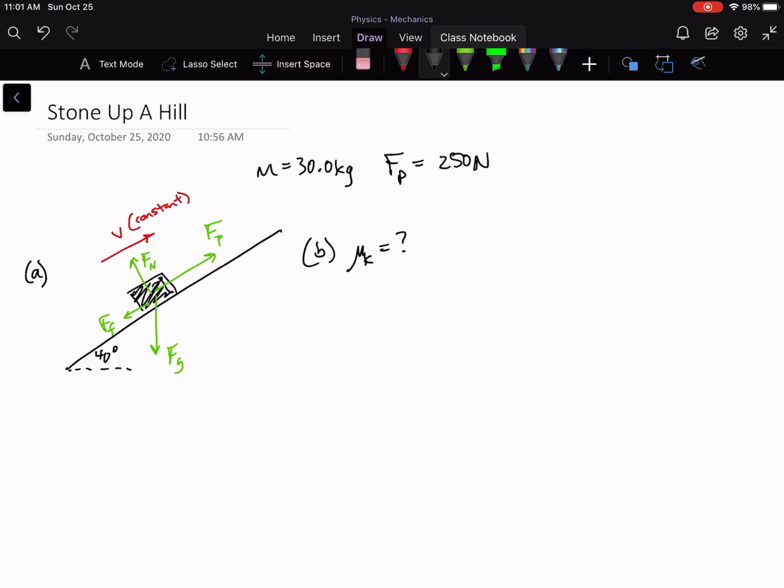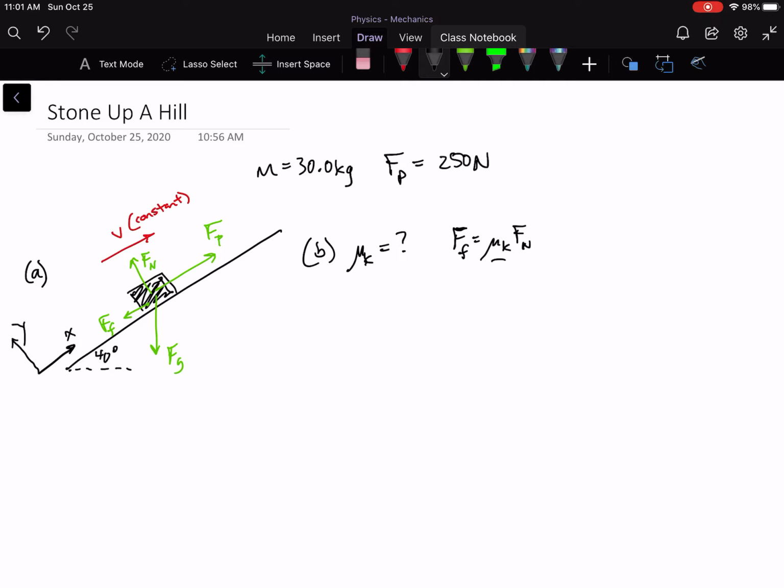First we need to recognize that the way we're going to get at this is by analyzing the forces, and namely we need to find the frictional force, which will relate to the coefficient of kinetic friction. I would set up a coordinate system so that along the incline, upwards is x and perpendicular to it is y.